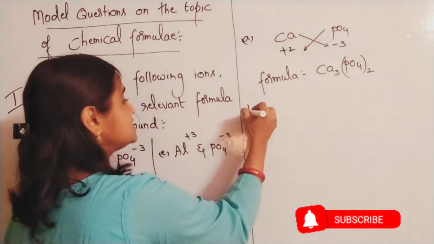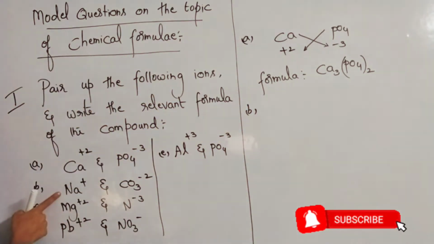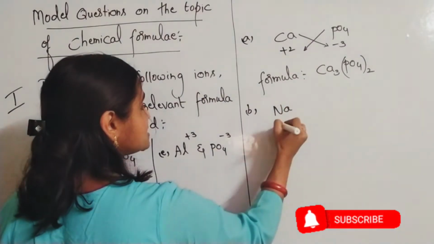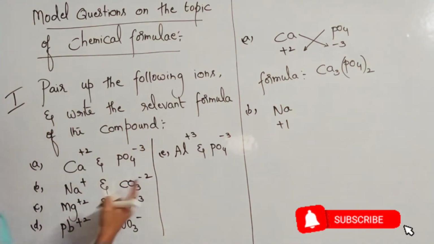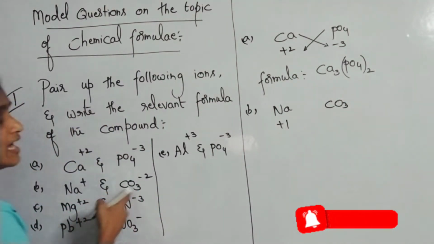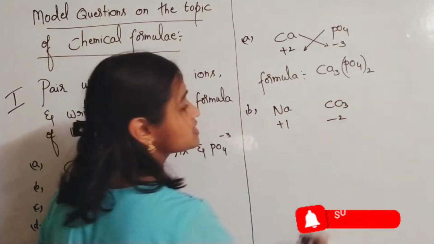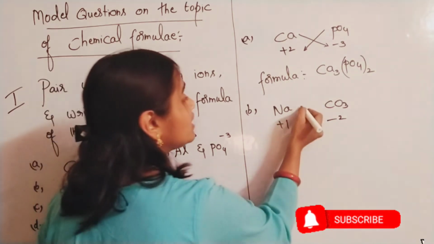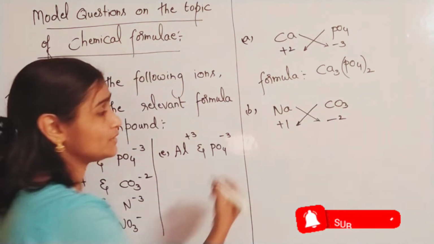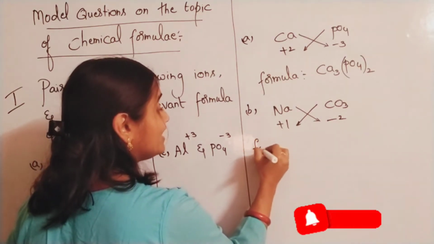Similarly in question 2, Na and CO3. The Na charge is given as plus 1. Do you remember what CO3 is? Yes, carbonate. The CO3 charge is given as minus 2. Cross over the charges to get the relevant formula.